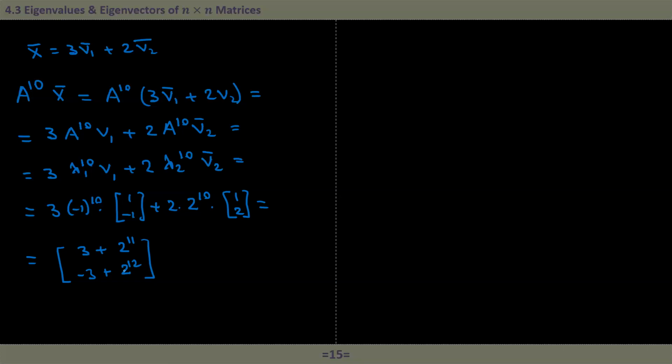What is 2 to the power of 11? 2 to the power of 11 equals 2048, and if you add 3 to this, here we have 2051. And how about 2 to the power of 12? We should just subtract 3. That equals 4093.